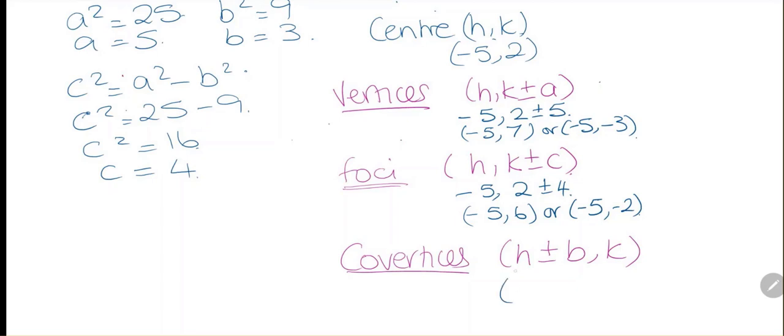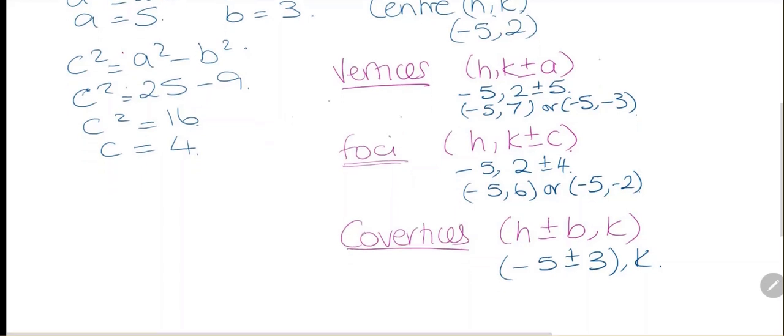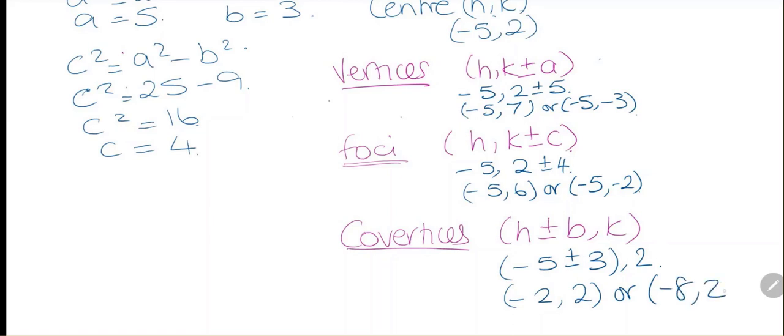So h is minus 5, plus or minus b is 3, and that's k. So minus 5 plus 3 is going to be minus 2. And k is 2. So that's minus 2, 2. Or minus 5 minus 3 is minus 8 and 2.